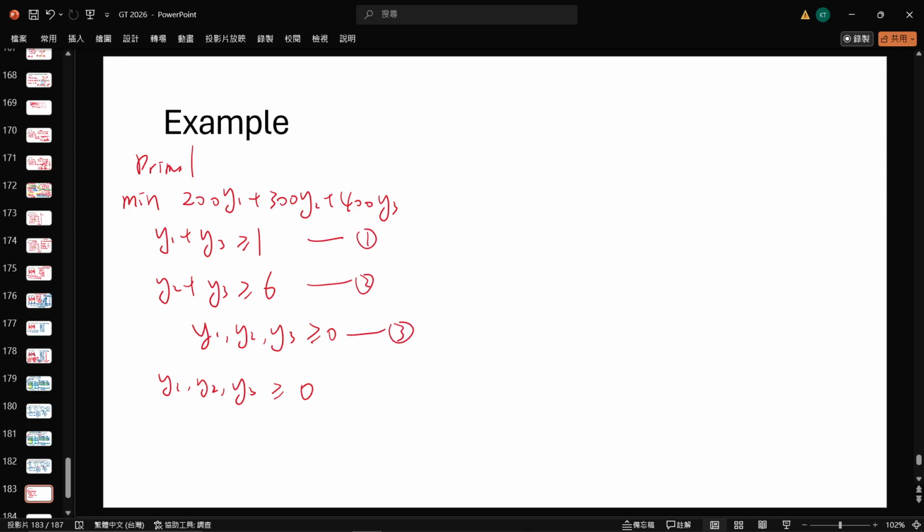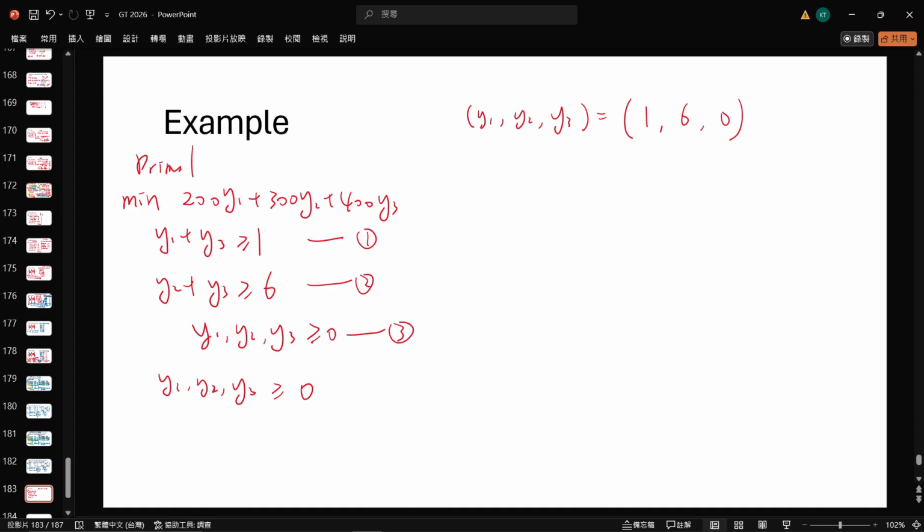Still, the idea is to find a weighted combination, but this time I want to make sure that the weighted combination is a lower bound, okay? Because this is a minimization problem. So for example, let's try some solution. You can try setting y1 to 1, like this, 1, 6, 0.